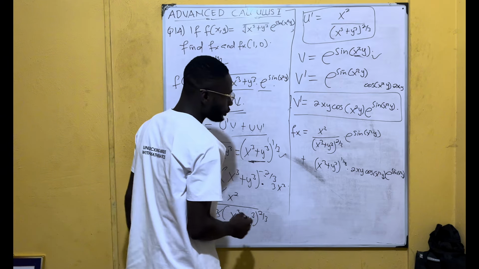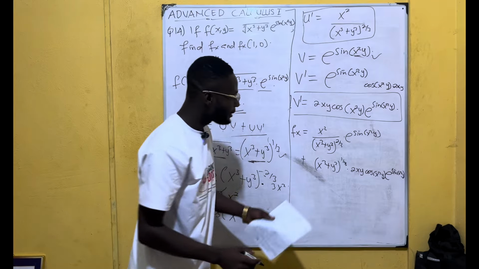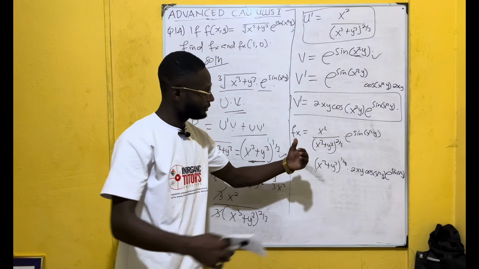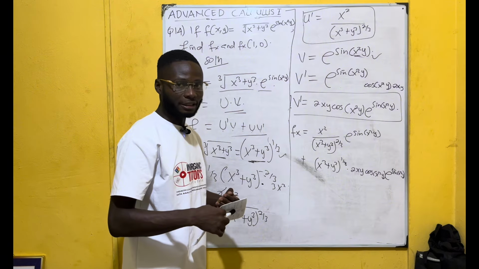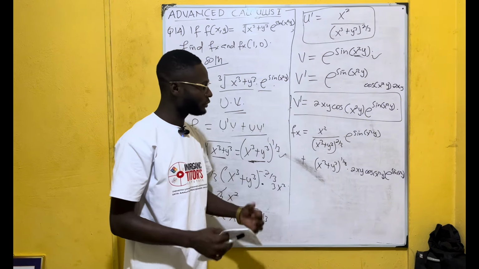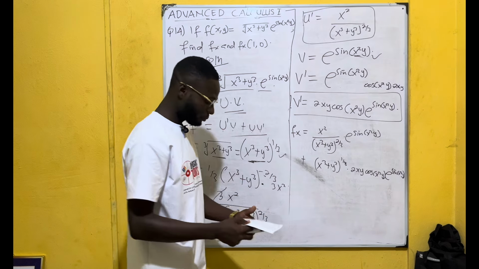All right, so this we can easily factorize the exponential term out, because we have this here, we have this here. We can factor that out to have a simple expression.